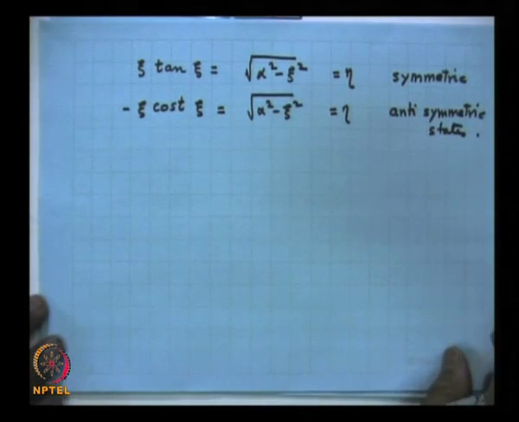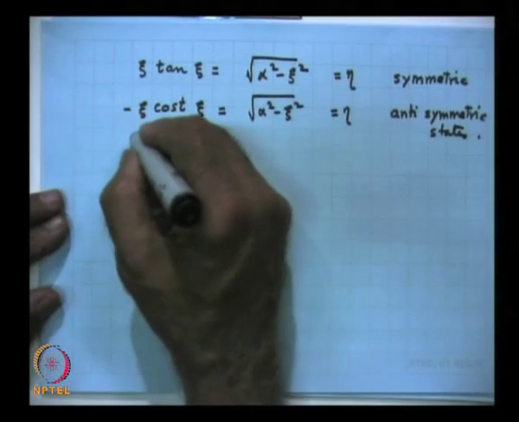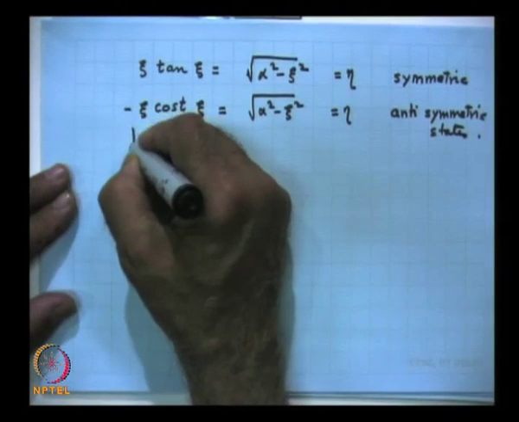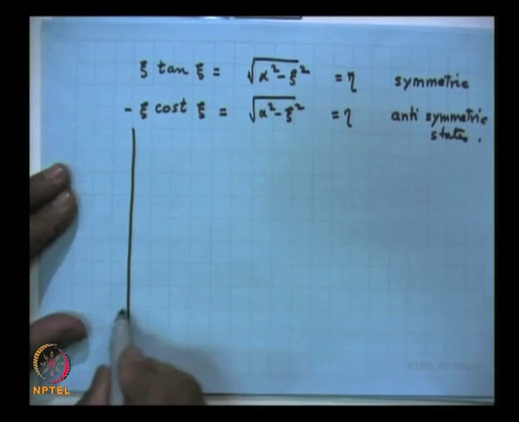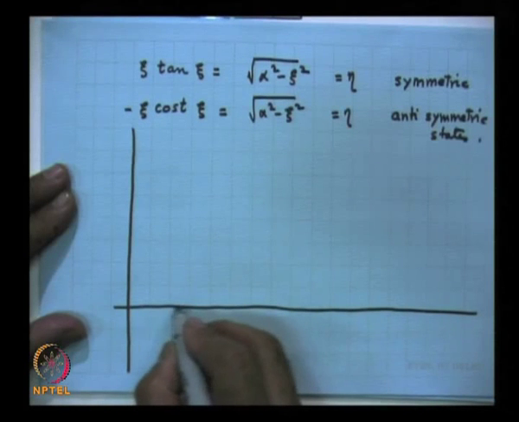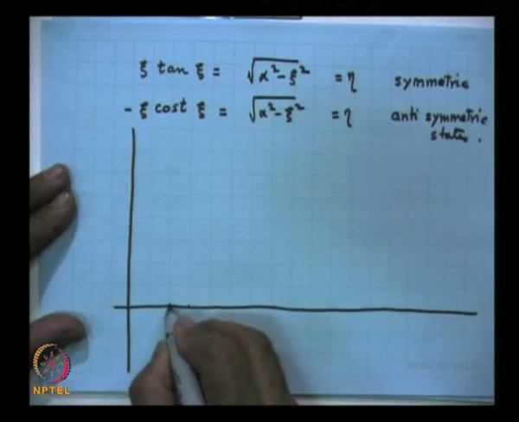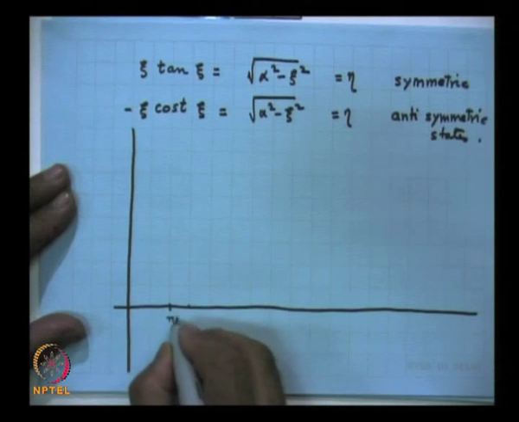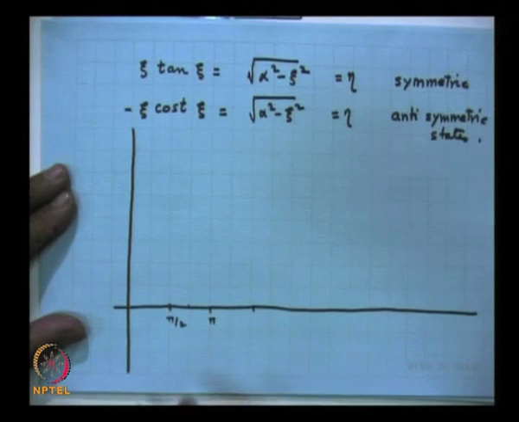Now, let me plot it again. So, we will have something like this. Let us suppose this is pi by 2, this is pi, this is 3 pi by 2 and so on.